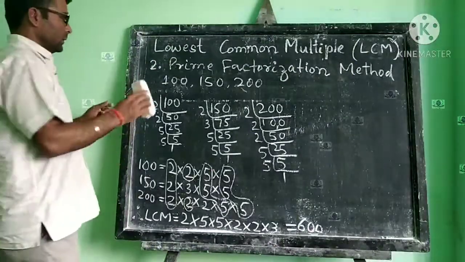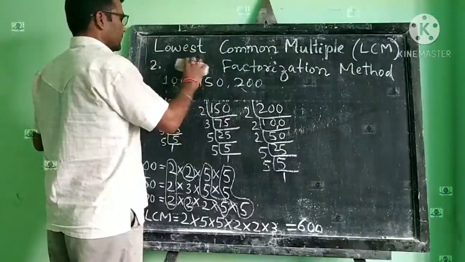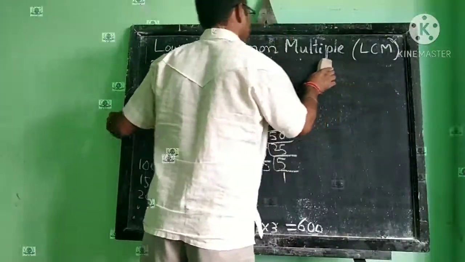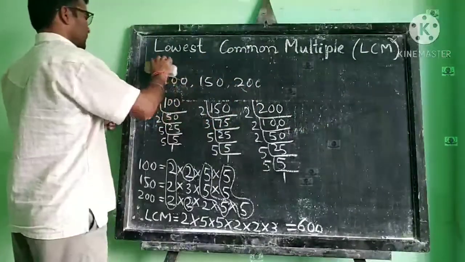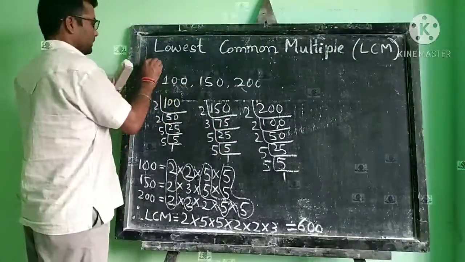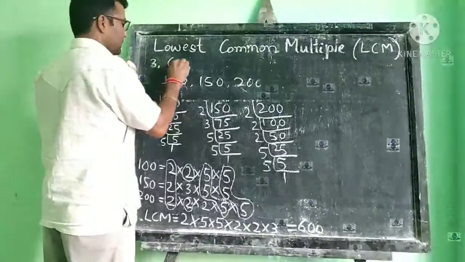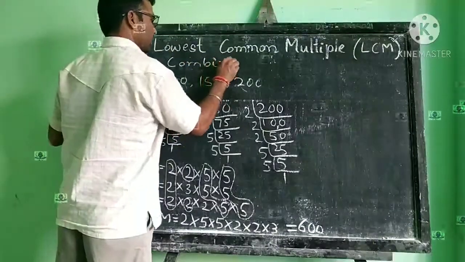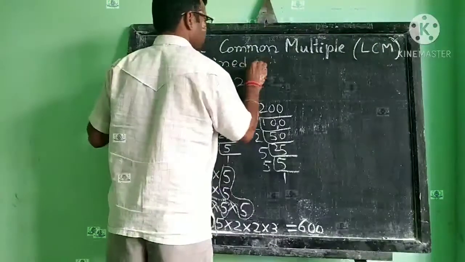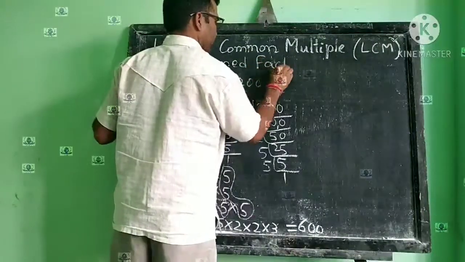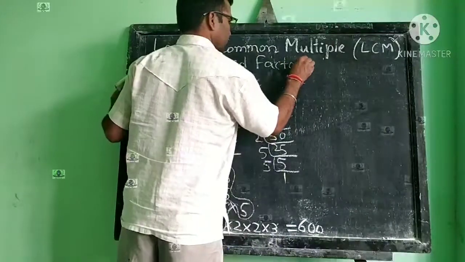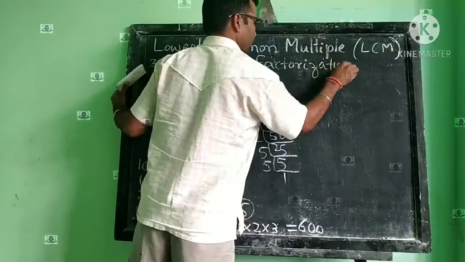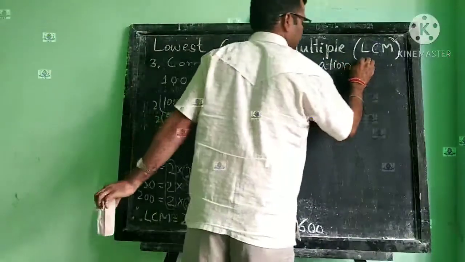Let us move on to the third method, that is the combined factorization method. Number 3 method is the combined factorization method.